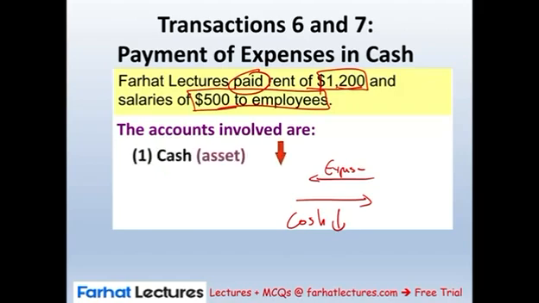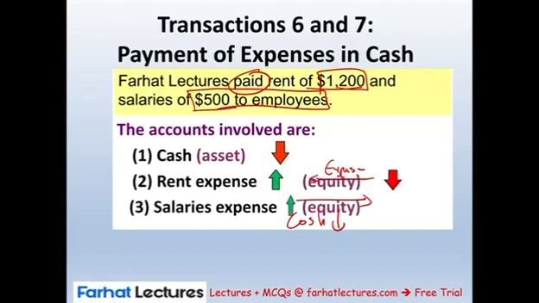Cash is an asset. What are the other accounts that are affected? Well, we paid rent, so we have rent expense, and we have salaries expense. Here's what I want you to know about expenses. If you want to write this down, expenses always go up. You're going to thank me in the next chapter.